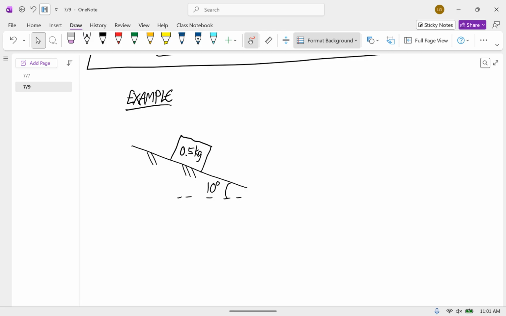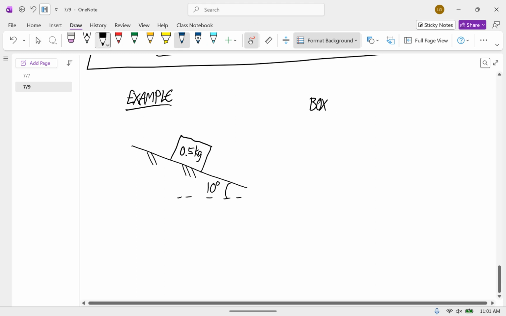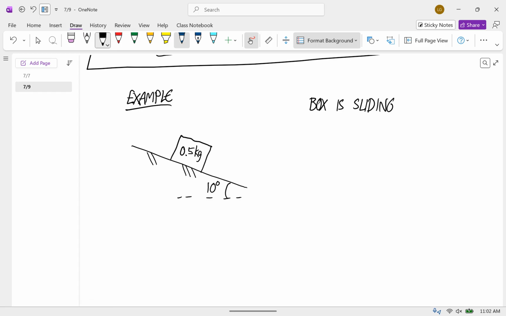And let's say that at this instant, the box is sliding down the ramp with a constant speed.